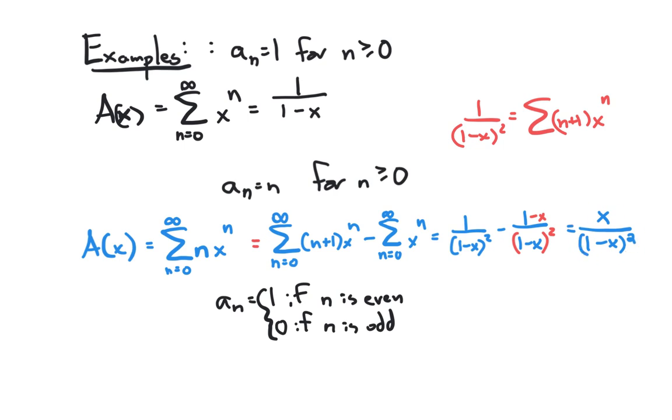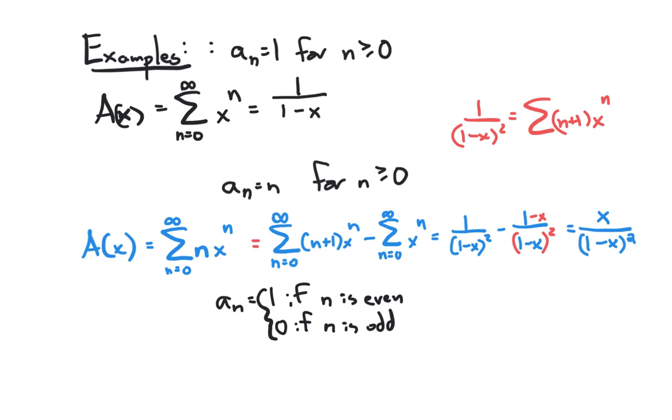So this expression here encapsulates the count here, where an equals n. And that's kind of the most important idea, is this encapsulation of the sequence here in this function.